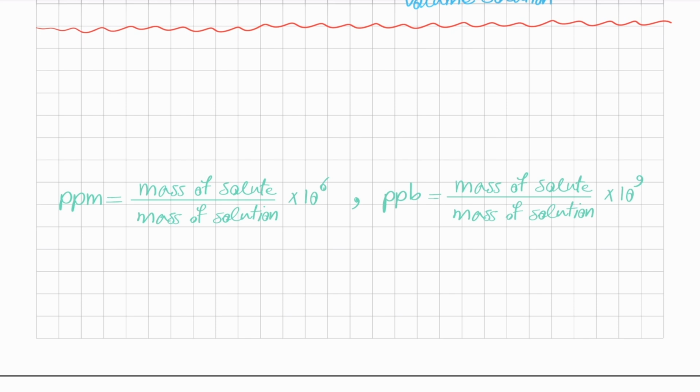But what do PPM and PPB actually stand for? For PPM, we say parts per million, while for PPB, we say parts per billion.